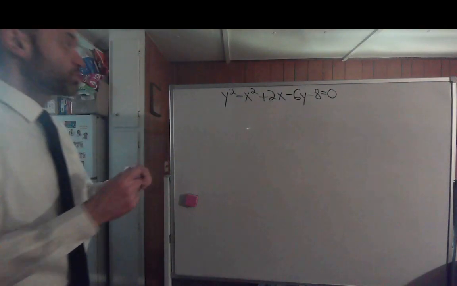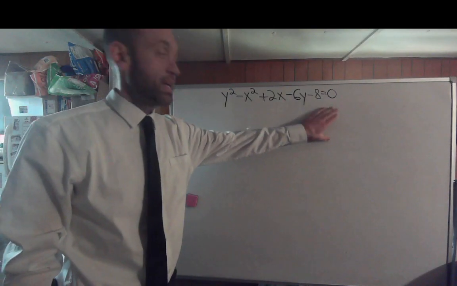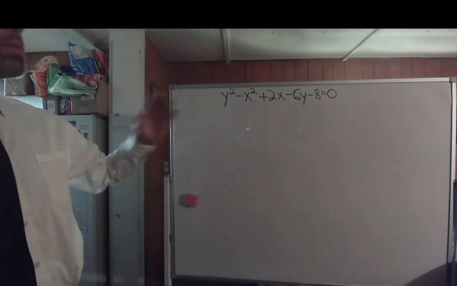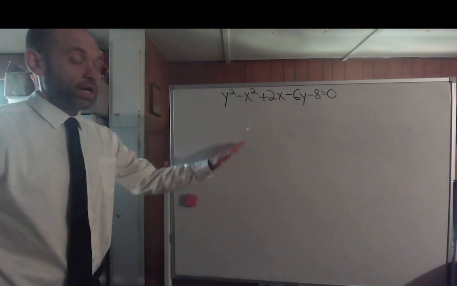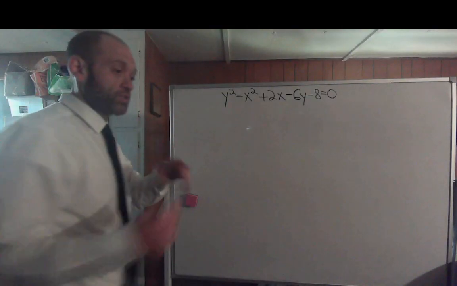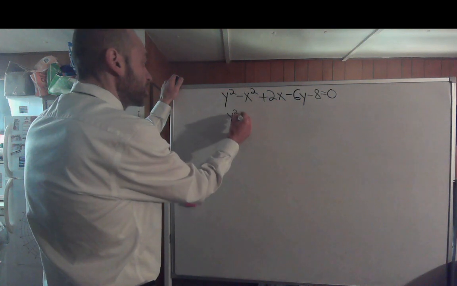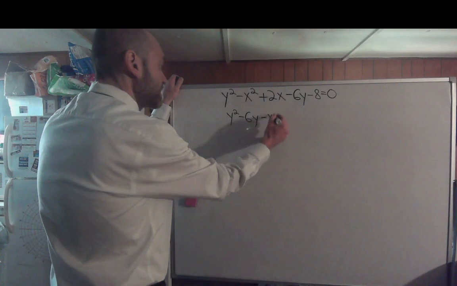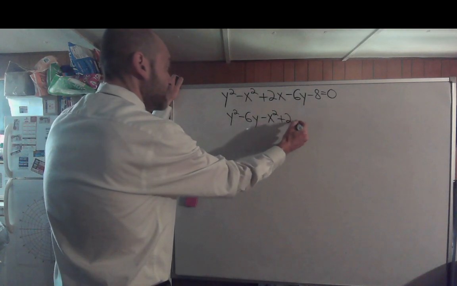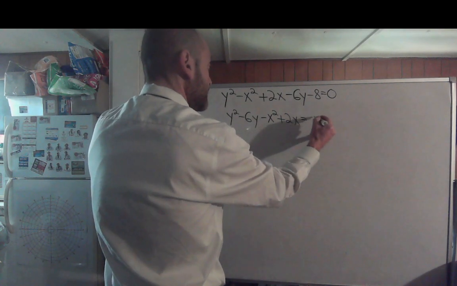So y squared minus x squared plus 2x minus 6y minus 8 equals 0. Well, we definitely have a hyperbola. Let's get the x and y terms together and get the constant term over to the right-hand side. So this would turn into y squared minus 6y minus x squared plus 2x. That's going to end up equaling 8.